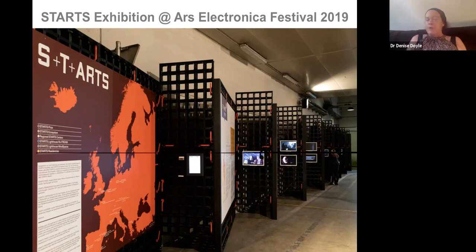And another big project that the Starts did was the Vertigo project, which supported 45 artists having residencies in technology organisations throughout Europe, and this was over a 3-year period. And what you see here is the Starts exhibition at Ars Electronica in Linz, which was in 2019. And a few of us were lucky enough to visit through the project.